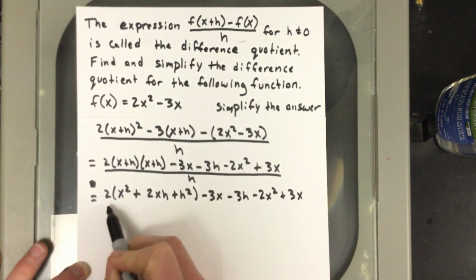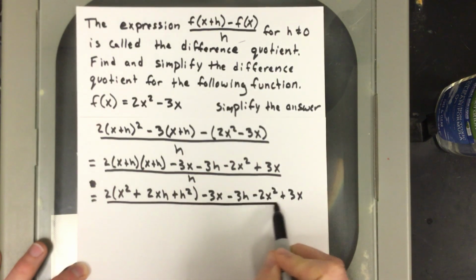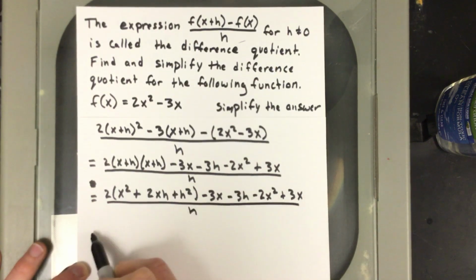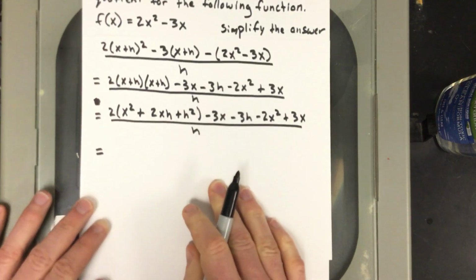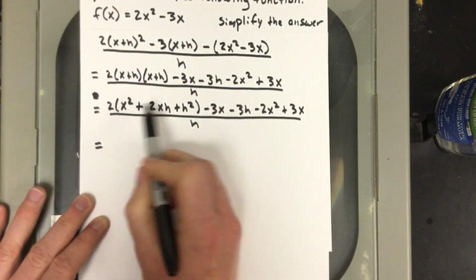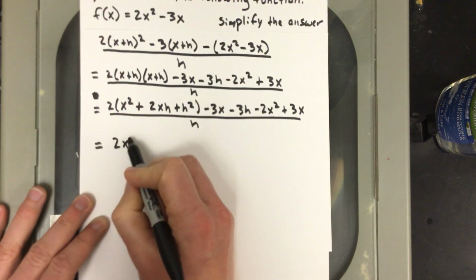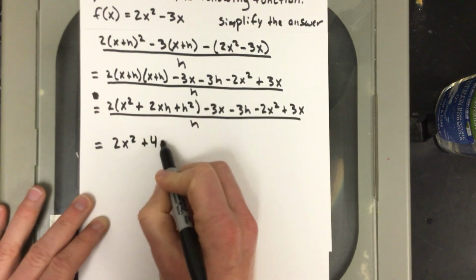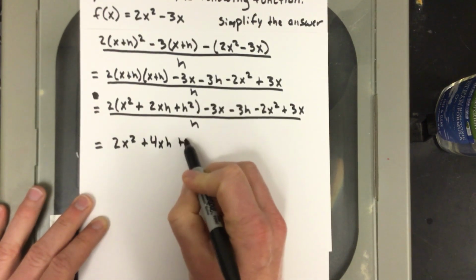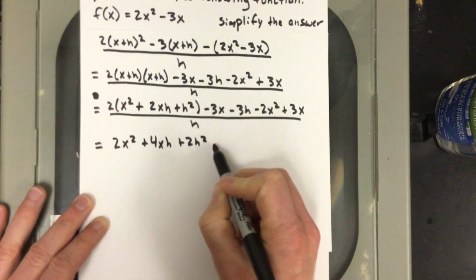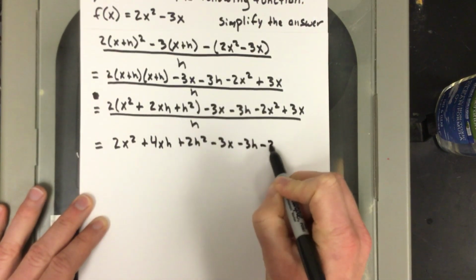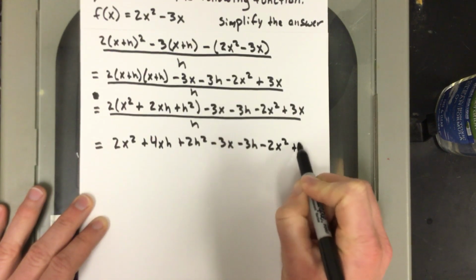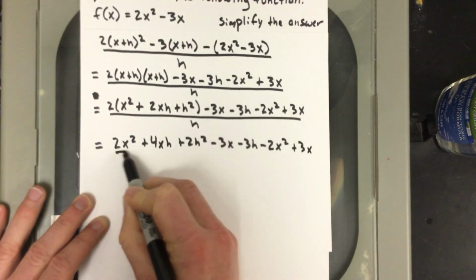So then I'm going to write that over h and continue to simplify. So now I got to distribute the 2 throughout. So I distribute the 2 throughout, and that's going to give 2x squared plus 4xh plus 2h squared minus 3x minus 3h minus 2x squared plus 3x all over h.